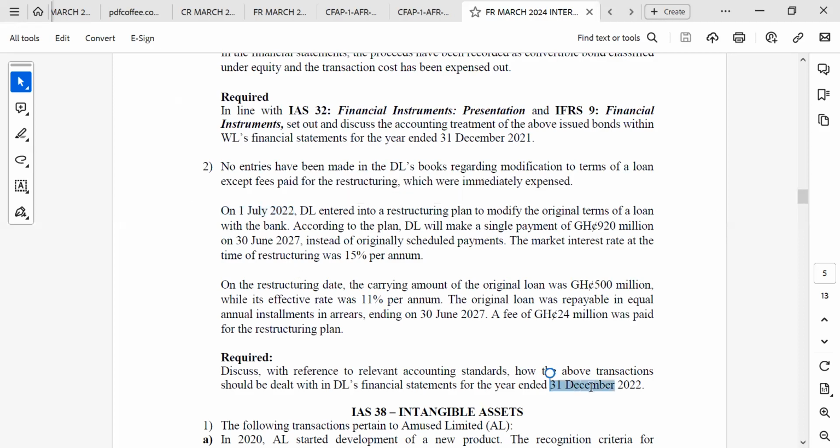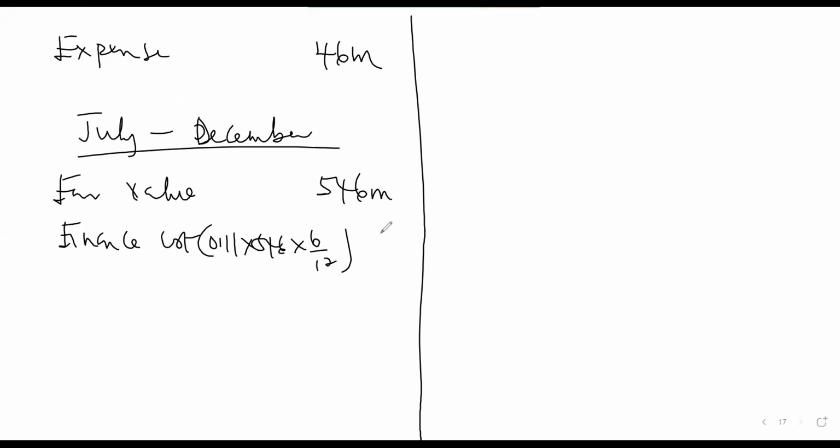So we charge a finance cost for only 6 months, and your transaction cost also will be amortized over 6 months, because we should calculate the effective interest rate taking into consideration the transaction cost, but we haven't done that. So let's look at the finance cost for 6 months: 0.11 times 546 times 6 over 12.